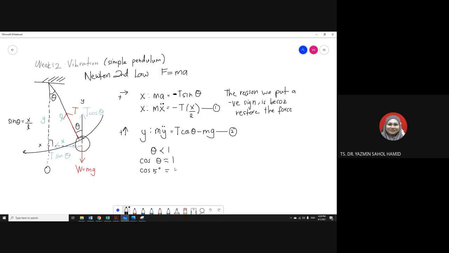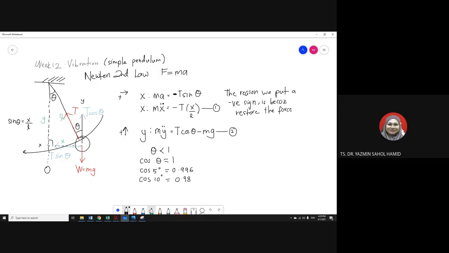Cuba calculate pakai calculator. 0.996. Okay, cuba now try cos 10 degree. 0.985. Okay, apa you perasan? Lagi you increase the value of theta, apa jadi dekat value tu? Dia makin kecil. Betul tak? So yes, as you increase the value, it becomes smaller and smaller.